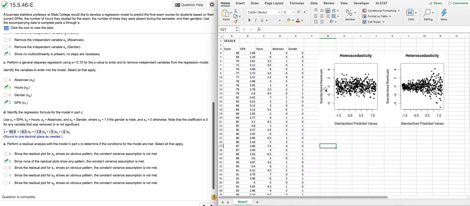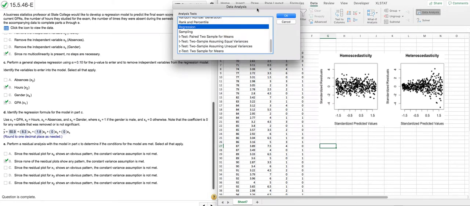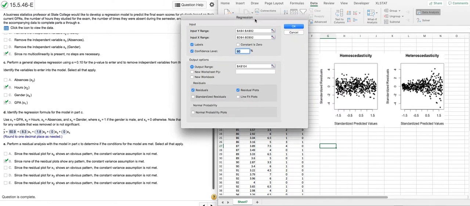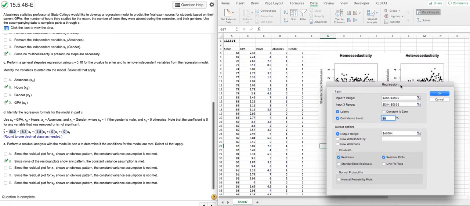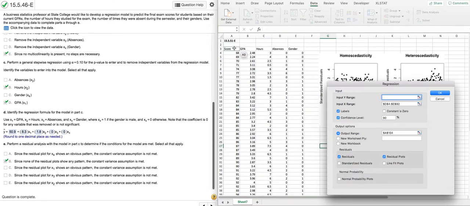After running all the XLStat outputs, the regression, and determining that output, I just come right back into the data analysis toolpack and run that same basic regression. It doesn't have to be a stepwise because we've already used the stepwise regression to determine our model. We know that our model is going to have the same dependent variable, which is score.